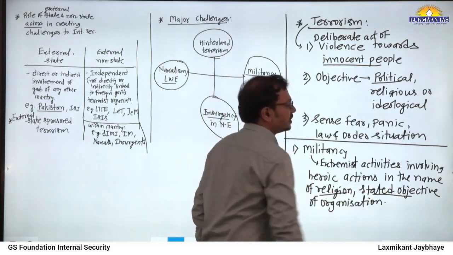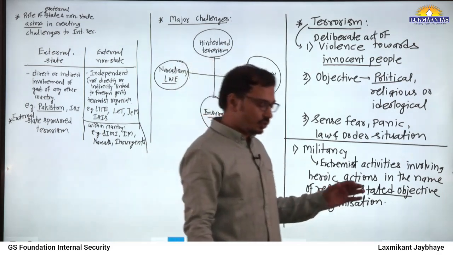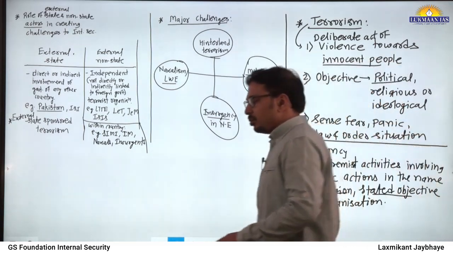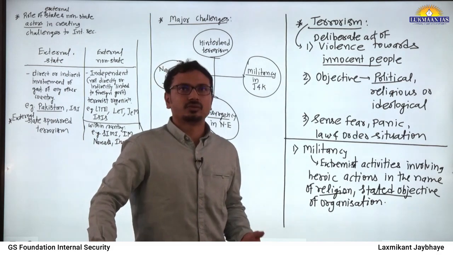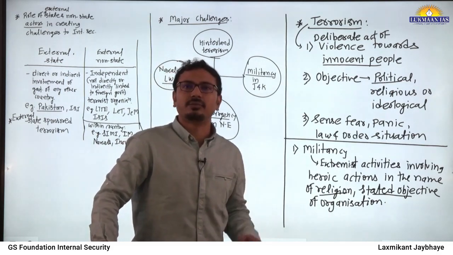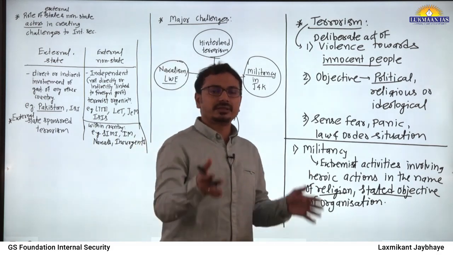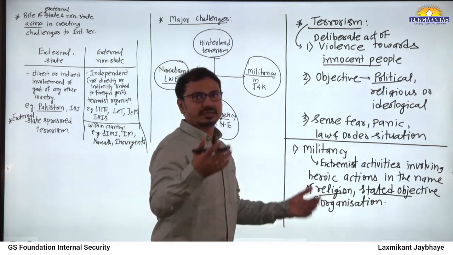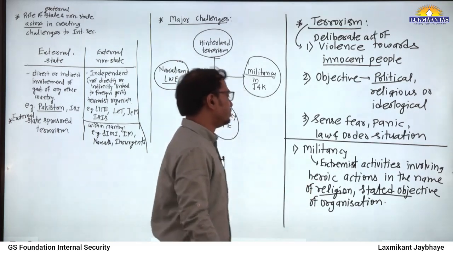And the stated objective of these terrorist organizations is to separate Jammu and Kashmir from India and merge Jammu and Kashmir with Pakistan. Okay, so these are the stated objectives of the maximum number of terrorist organizations situated in India, and also outside, the external non-state actors we can say. Okay, so this is militancy.